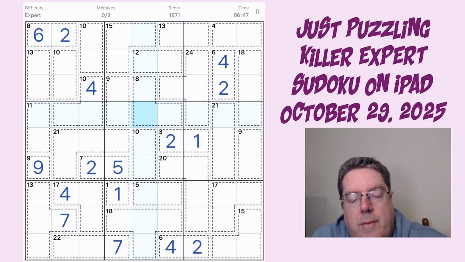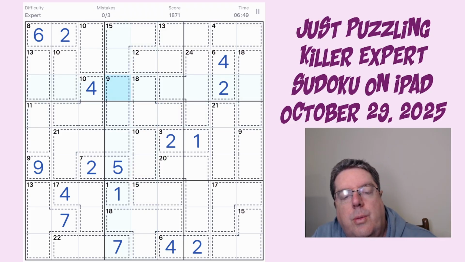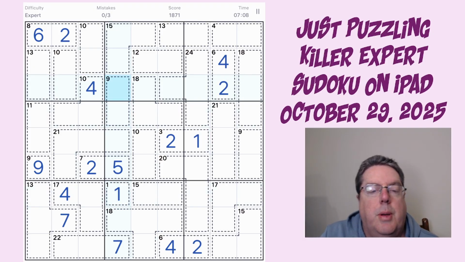1, 5, 2. So this is 3 and 6. I just don't know which order. Six. 1, so 3 and 6. Most likely that's a 6, but I'm not going to make that determination.